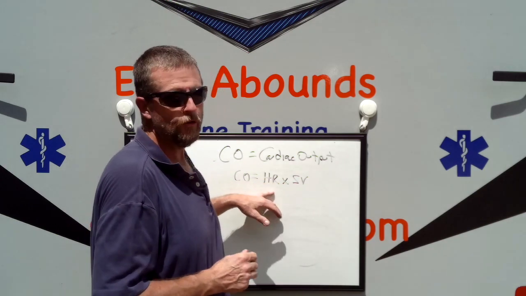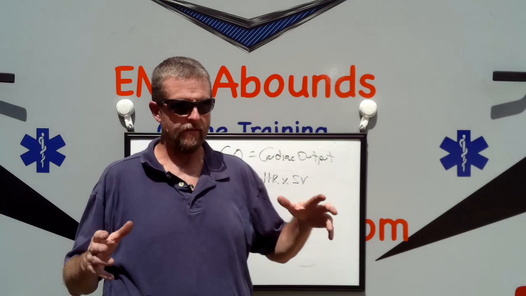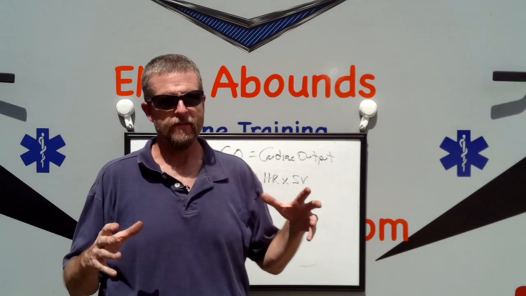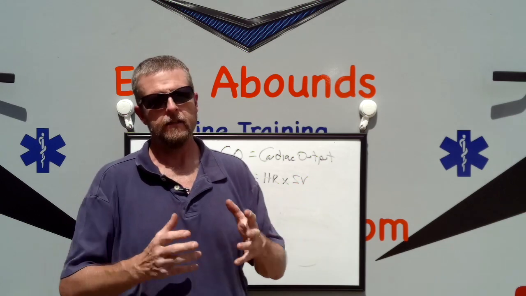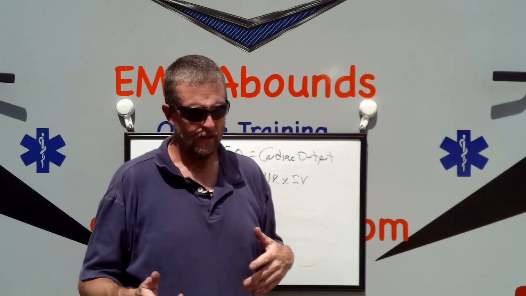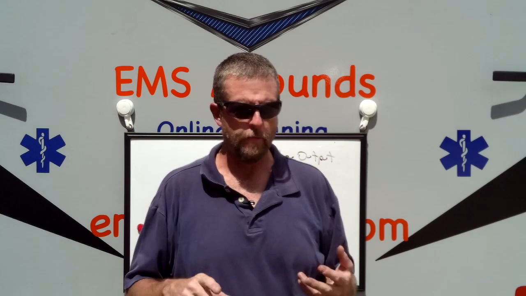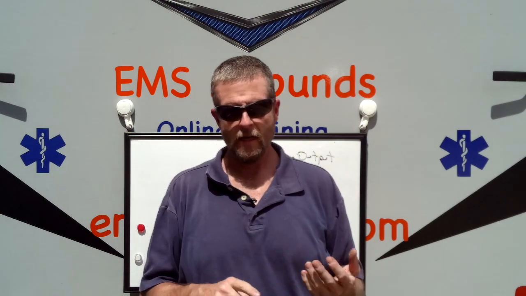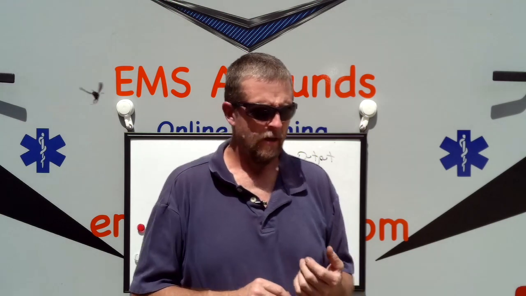If the heart rate's too slow, we might have an appropriate stroke volume, but we're not going to have the rate to move it through the system. So roughly 5 to 8 liters per minute is normal cardiac output based on your height, size, age. Okay.